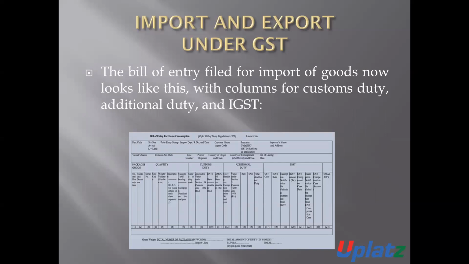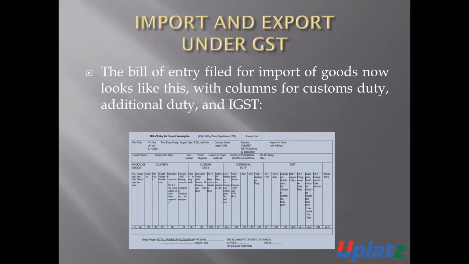The bill of entry filed for import of goods now looks like this. This is the sample of the bill of entry which is required to be filed for the importation of goods.